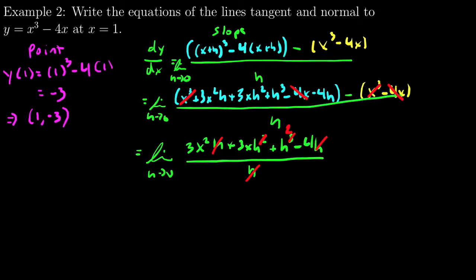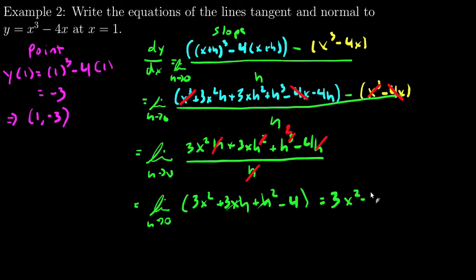And so I get the limit as h approaches 0 of 3x squared plus 3xh plus h squared minus 4. And as h approaches 0, these two terms go to 0, and I'm left with 3x squared minus 4.